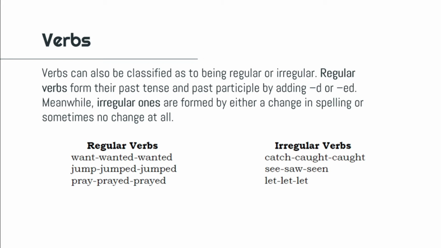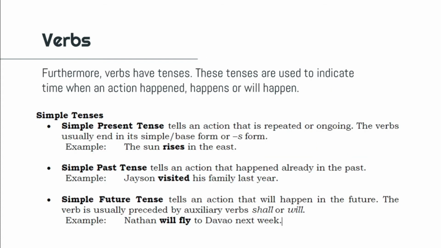Regular verbs, for example, we have want, wanted, wanted; jump, jumped, jumped; pray, prayed, prayed. Irregular verbs, let's have catch, caught, caught; see, saw, seen. And the word let, which has no change at all.